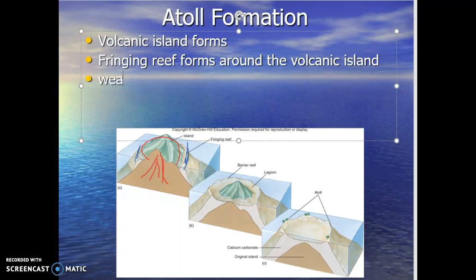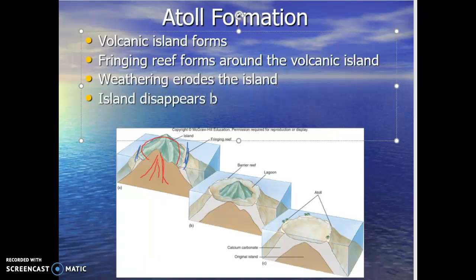But then weathering erodes the island, and that island slowly disappears below the water. Alright, so as the island disappears and keeps sinking, the lagoon starts to form, but you still have this fringing reef. Now, when you get this lagoon formation, we're going to switch over and start calling it more of a barrier reef.